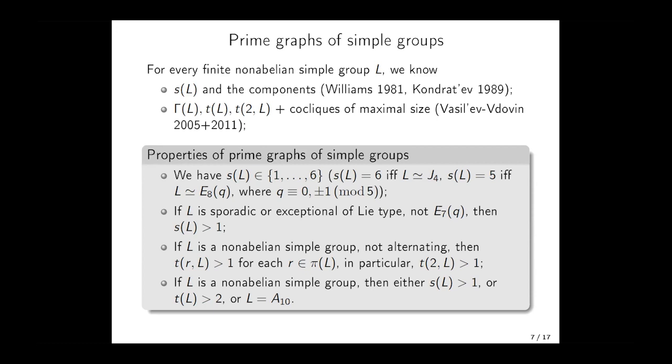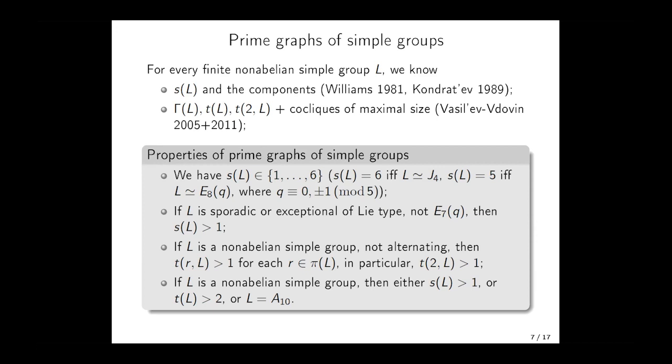The number of connected components lies between 1 and 6. And actually, it equals 6 if and only if L is isomorphic to the sporadic group Janko 4. And it equals 5 if and only if L is isomorphic to a simple exceptional group of type E8 over a field whose order is equivalent to 0 or plus minus 1 modulo 5.